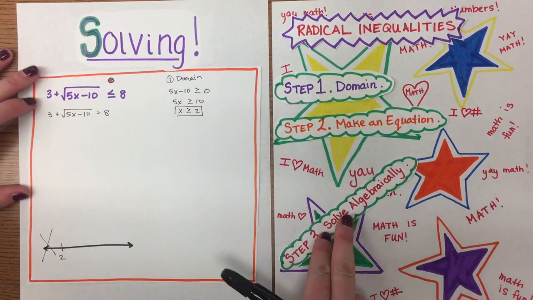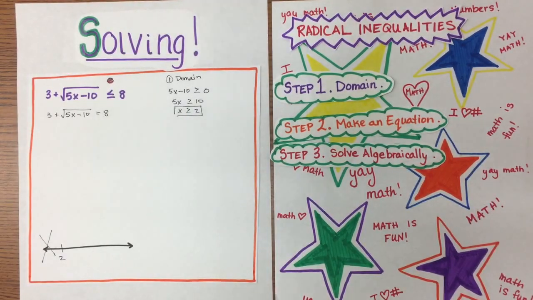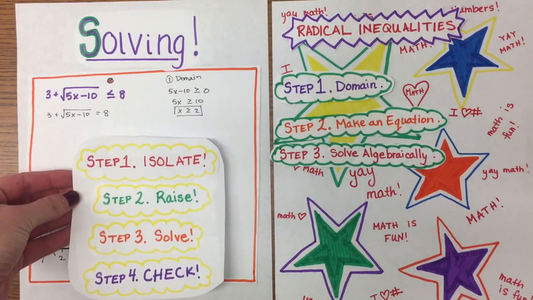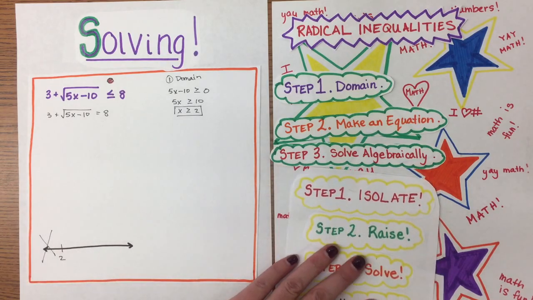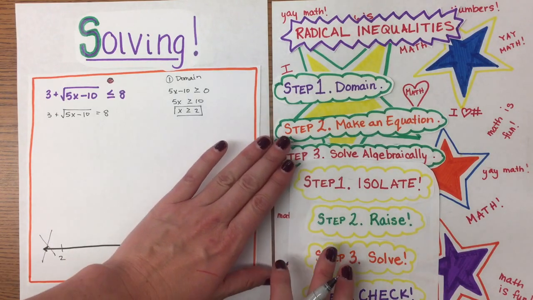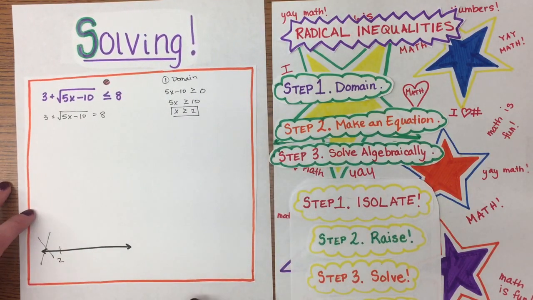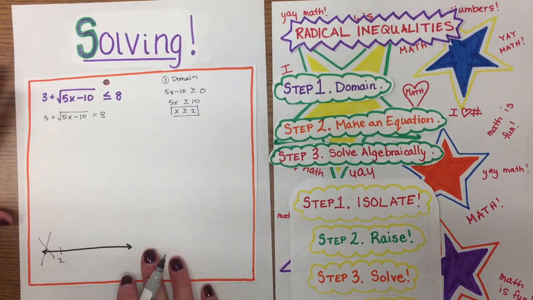My next step, once I've made an equation, is to solve it algebraically. That means I'm going to go through the four-step process from before. I'm actually not going to go through the check step. I'm just going to keep it at the first 3. So I need to isolate, raise, and solve.